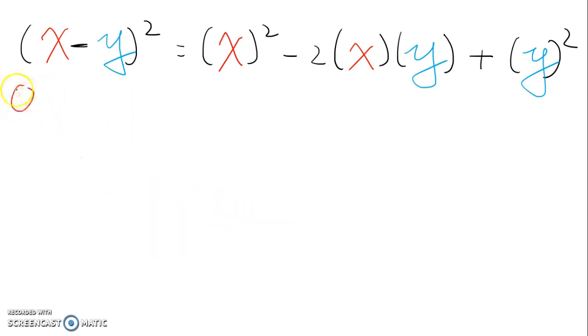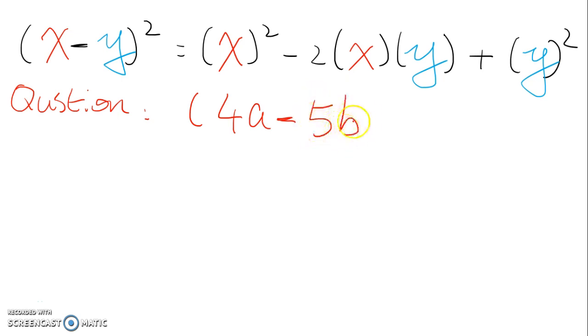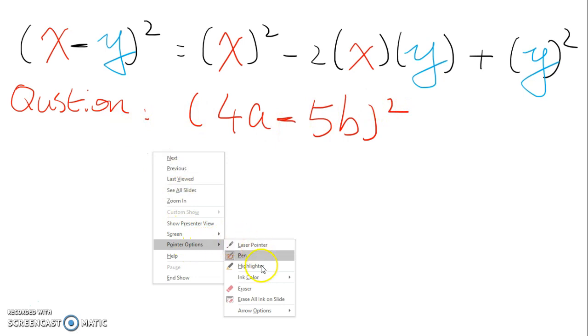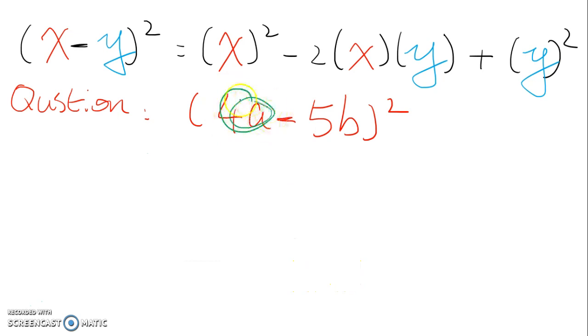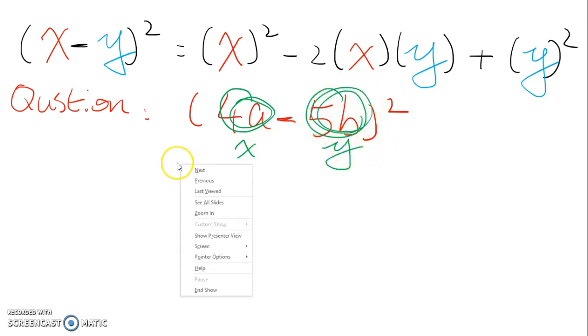Now the example that we're doing here is, let's say, (4a take away 5b) squared. Now again, we decide what is an x and what is a y. So that will be an x, and that, can't be bothered changing color, will be a y.